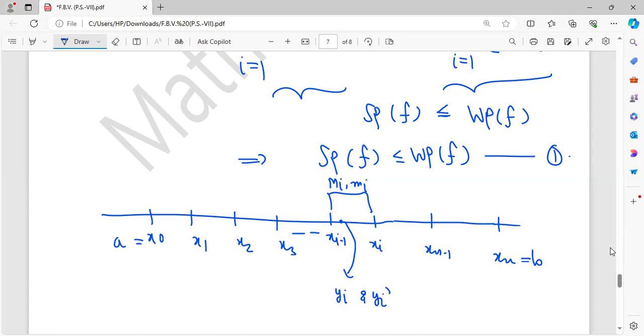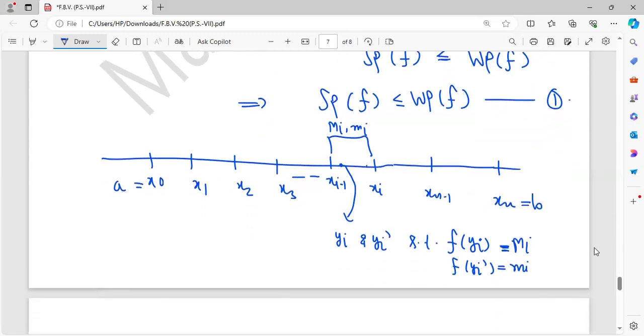Okay, because function is continuous, such that f(yi) is equal to Mi. Because continuous function always attains its supremum and infimum. Okay. So adding more points, these 2 points. Okay, difference. So we can find a partition.